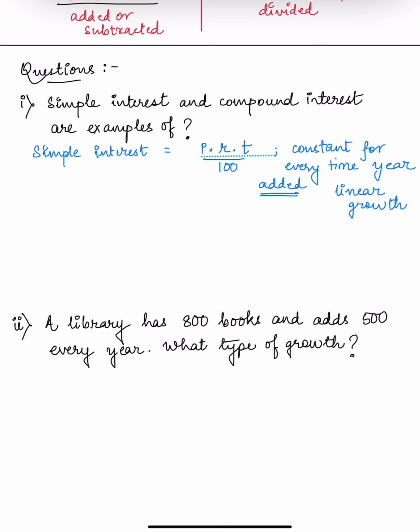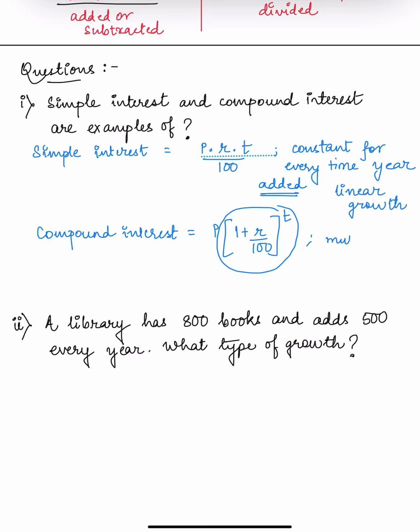And similarly, for the compound interest, we have p into 1 plus r by 100 whole to the power t. So this portion gets multiplied every year, or every time period.